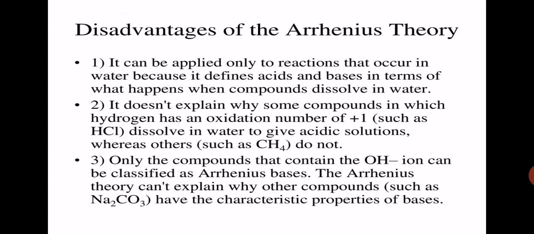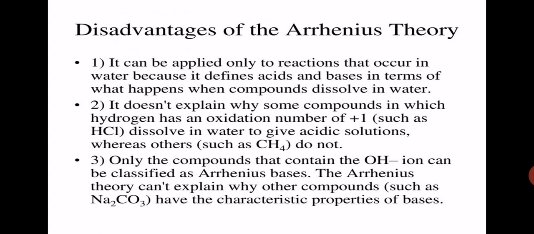Number 2, it does not explain why some compounds in which hydrogen has an oxidation number of +1, such as HCl, give acidic solutions when dissolved in water, whereas others do not.